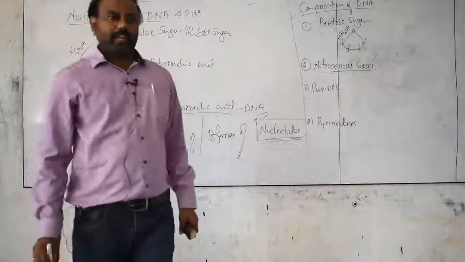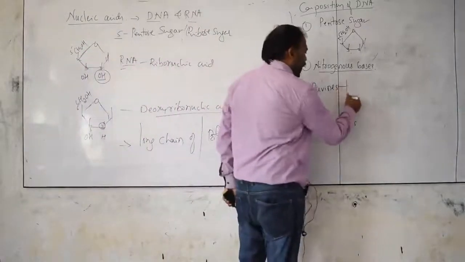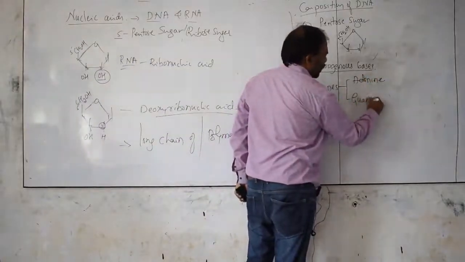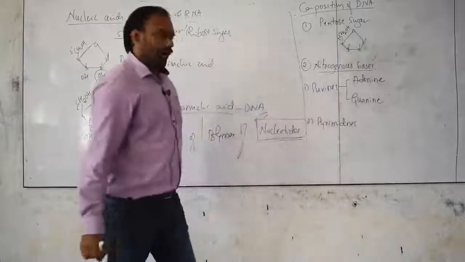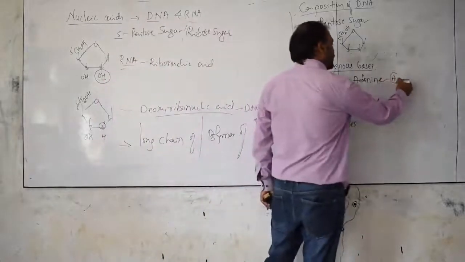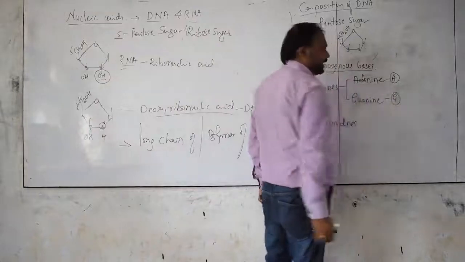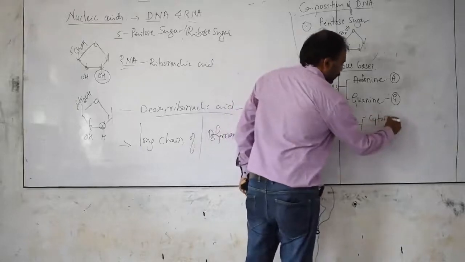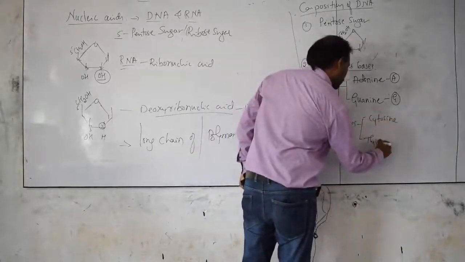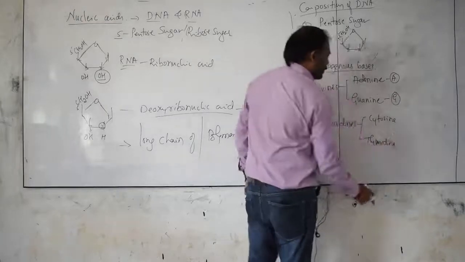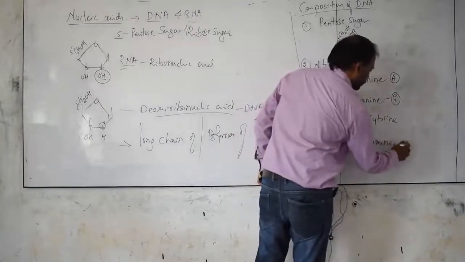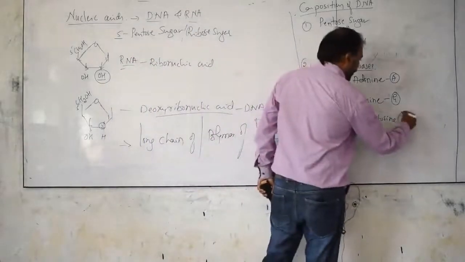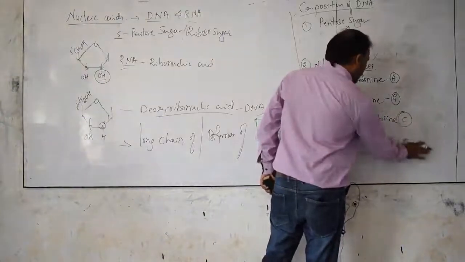The purines are of 2 types, adenine and guanine. Adenine is represented as A and guanine is represented as G. Then pyrimidines again are of 2 types. One is cytosine and thymine, represented as C and T.